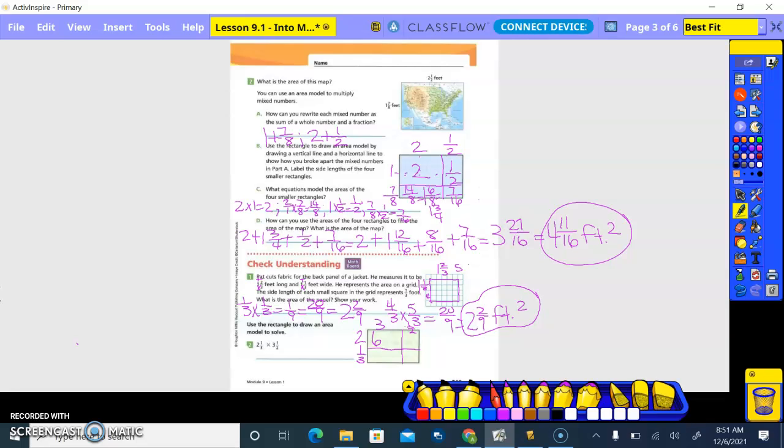6. Okay, 3 times 1/3 is 3/3, which is 1. Okay, 2 times 1/2 is 2 halves, which is 1. And then 1/2 times 1/3 is 1/6.